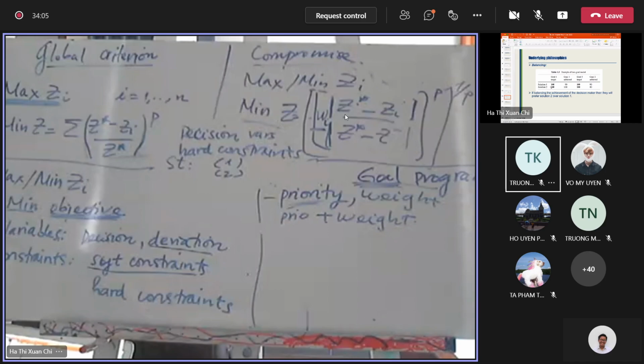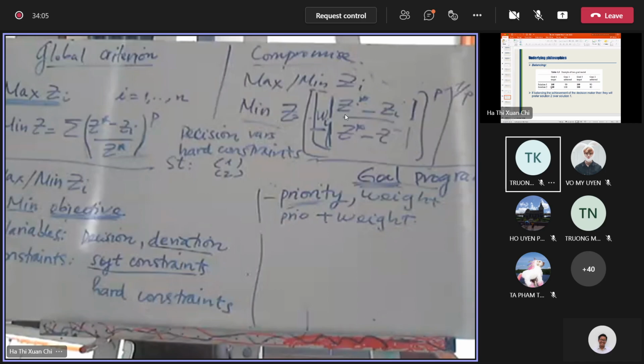Even though the total is 180 for solution 1, for goal programming you set first priority.